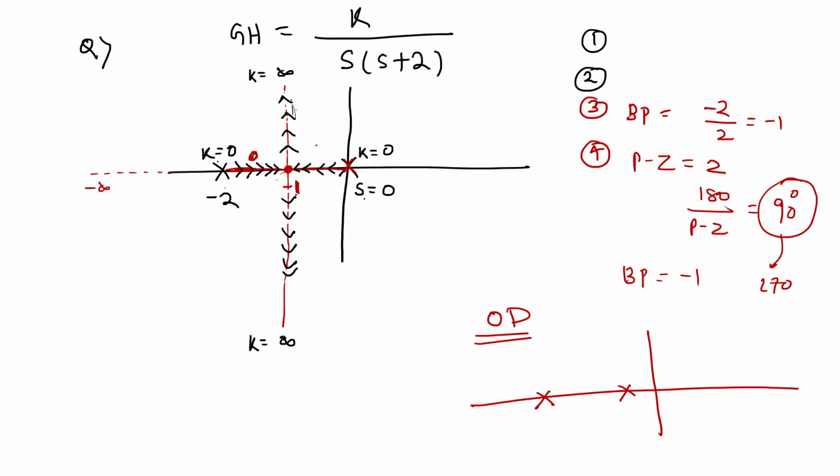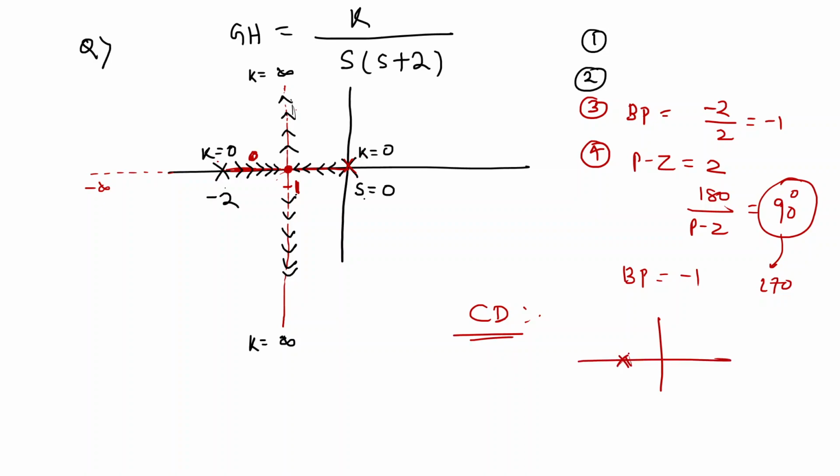Now my second question: at what point is the system critically damped? First understand what critically damped is. Critically damped means the two poles are at the same location, right? Are you following me?